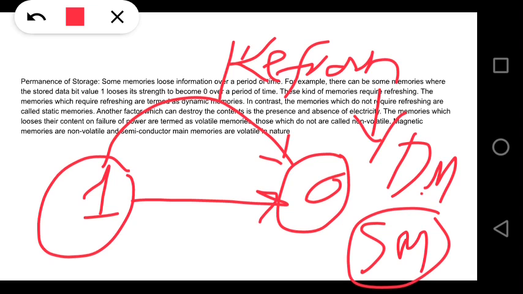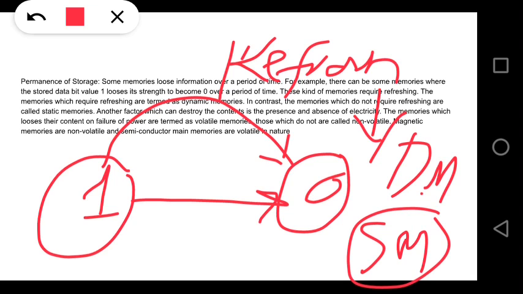So the solution is that it requires refreshing. Such memories are called dynamic memories. But there are also static memories, such as cache memory, which don't lose the data and don't require refreshing.